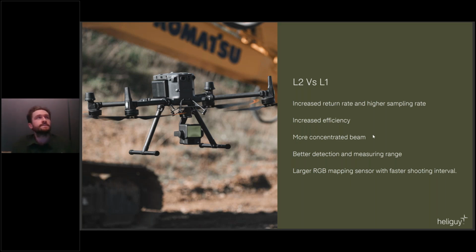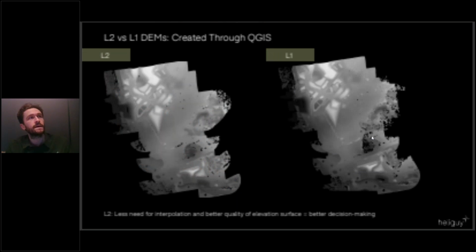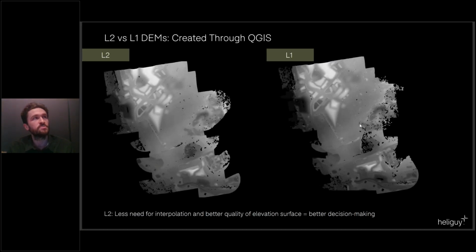So looking at DTMs produced with both sensors, these were produced from QGIS just to illustrate what's going on with the two sensors and how much better the data is from the L2. You can see that in areas of vegetation, in that central right area of the model, there's much more coverage of the ground surface on the L2, and that is really down to the returns of the L2.